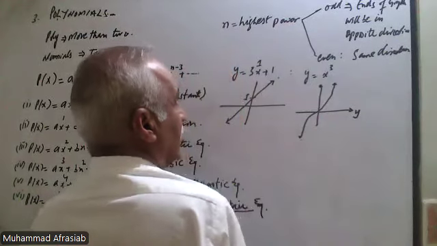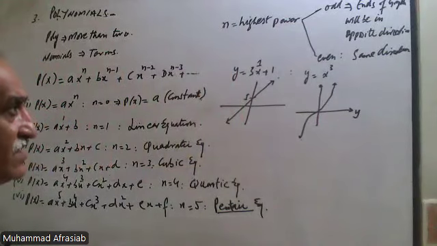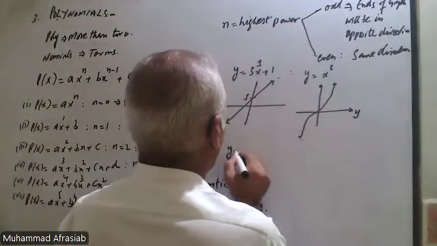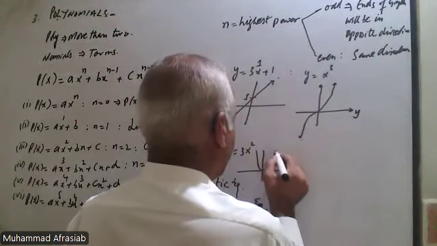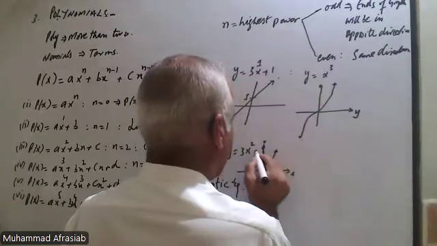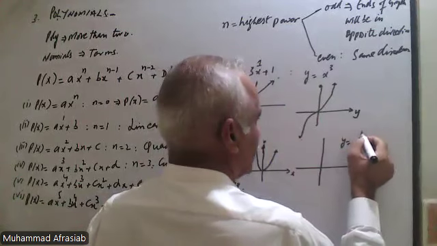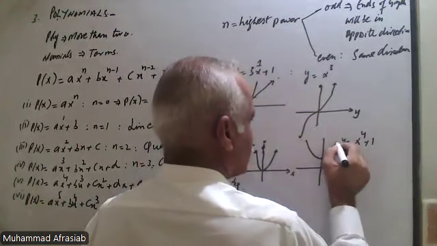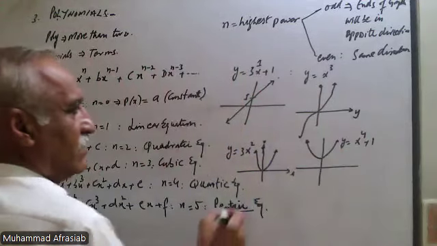So when the highest power is an odd number, then the ends of the graph will be in opposite directions. And if n is an even number, for example, y is equal to 3x^2, then the graph of this will be shown like this. This is the y-axis, this is the x-axis. So the ends of the graph are in the same direction. Or y is equal to x^4 plus 1. So this is power 4, and it is having a direction upward.